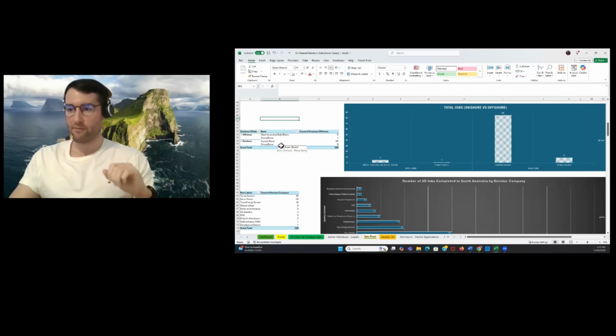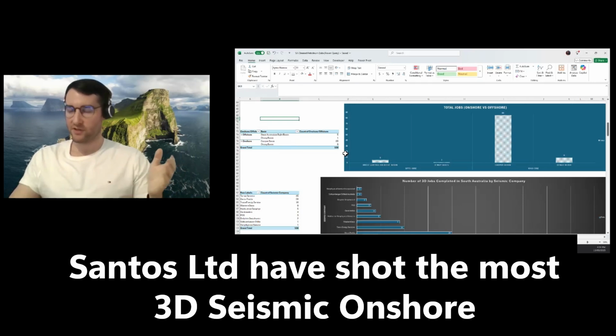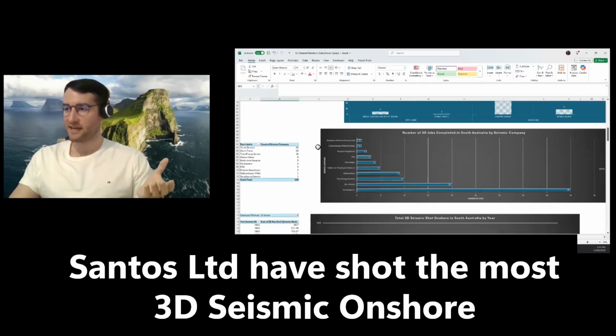It's been a dominant player there for many decades. Otway Basin, 9 jobs there. So you can see that the Cooper Basin is really the dominant basin when it comes to surveying in the 3D element of seismic in the exploration process.